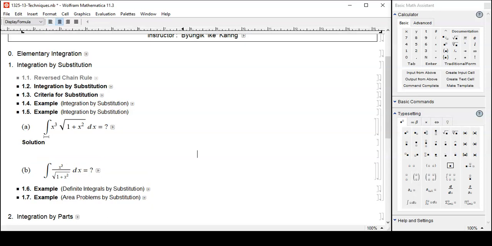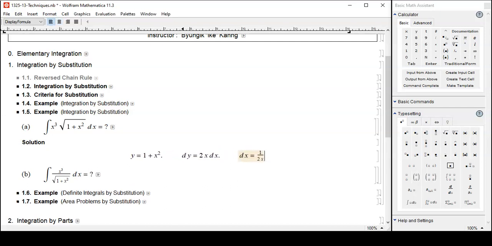Okay, let's consider this example. Y is 1 plus x squared. That looks pretty much straightforward because we have the inside of this square root. Let's take the derivative. So far so good.